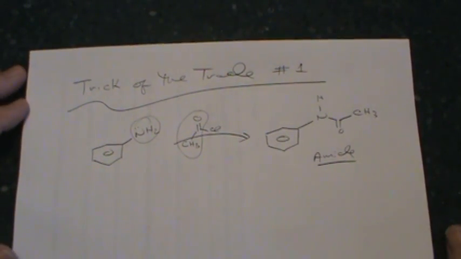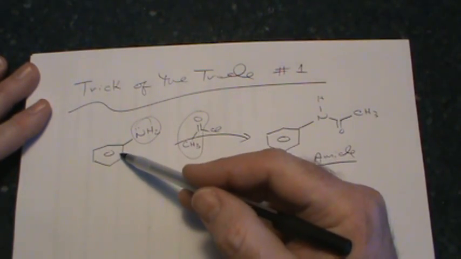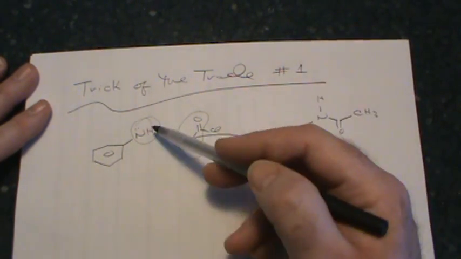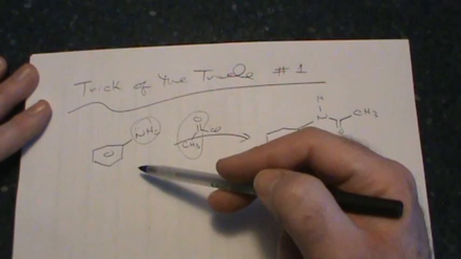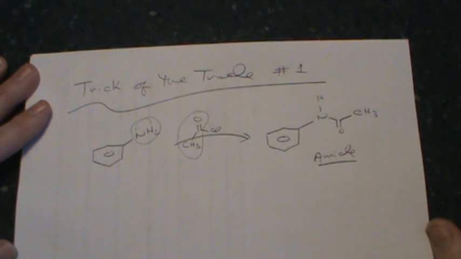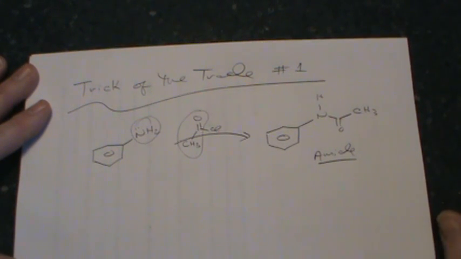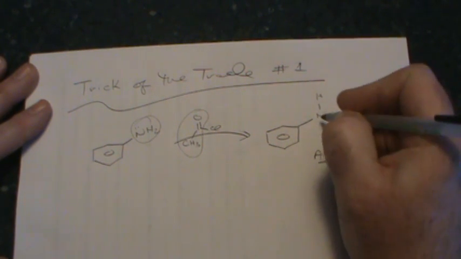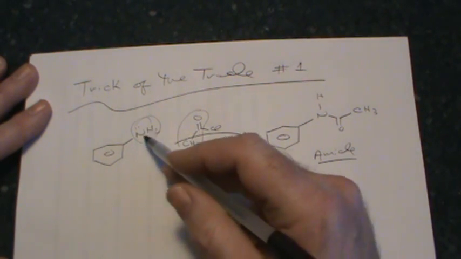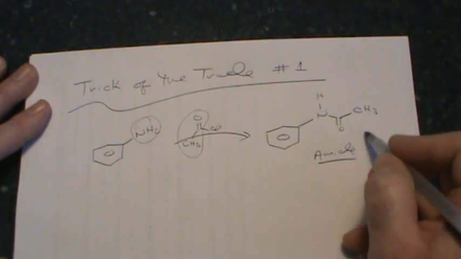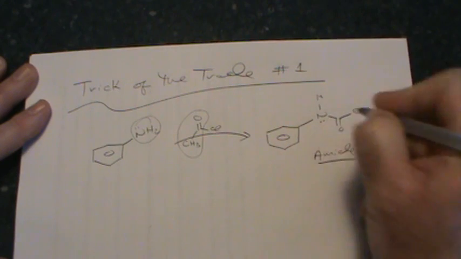So consequently, if I'm worried that I'm going to overreact because I've got a powerfully activating group, maybe I'm worried I'm going to add more than one sulfonic acid or more than one chlorine in an electrophilic aromatic substitution, one possible path that I could take to avoid that would be to first nitrogen acylate to the corresponding amide. It's still an activating group.